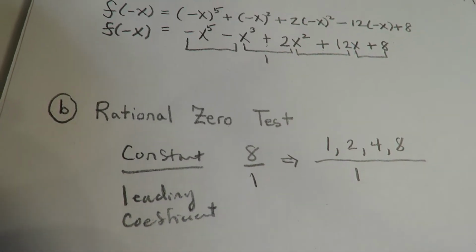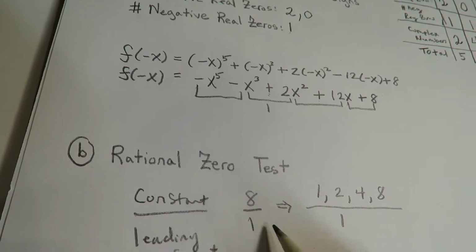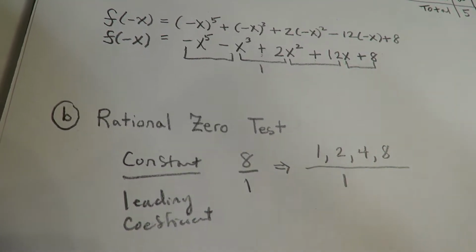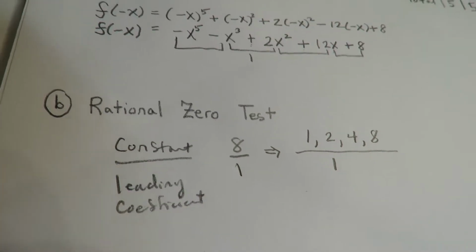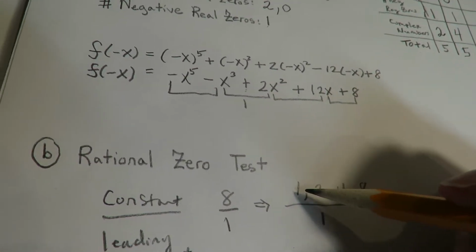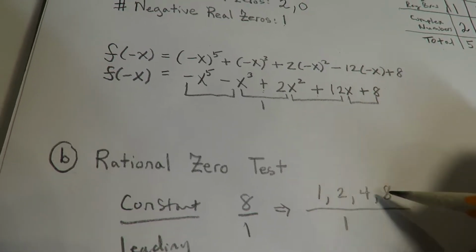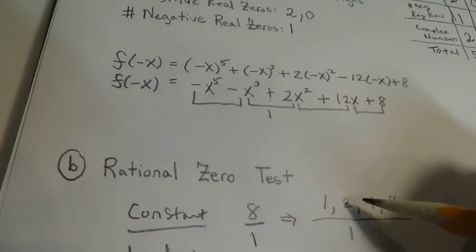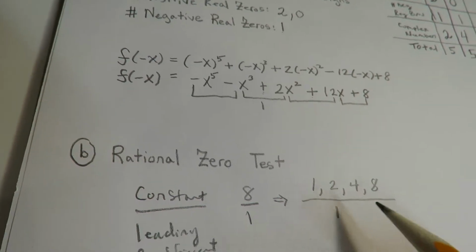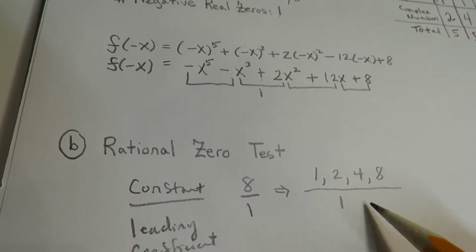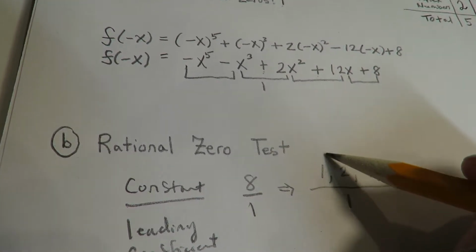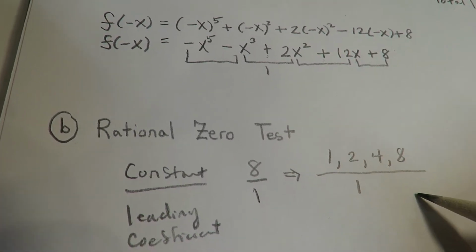Now, I didn't give you a terribly hard example. If there's a lot of factors in the numerator and denominator, this can get crazy, but it's not right now, okay? So this is not too bad. So you basically have 1 over 1, 2 over 1, 4 over 1, 8 over 1. If there had been another number here, like for instance a 2, you would have to put them all over that second number as well.